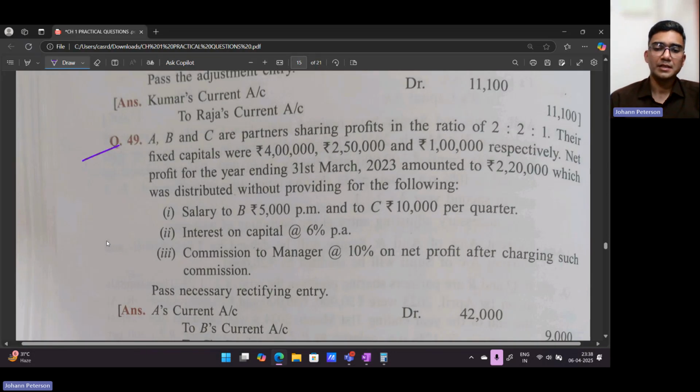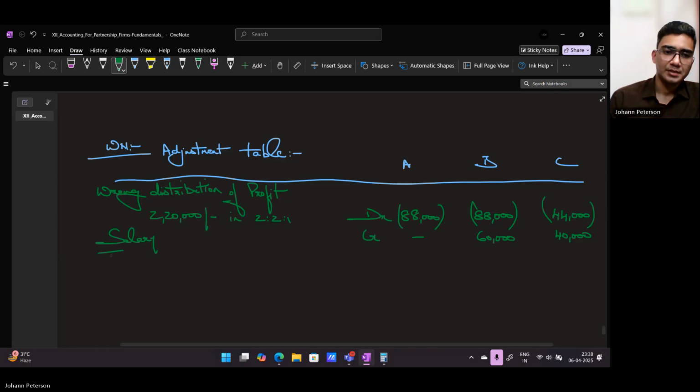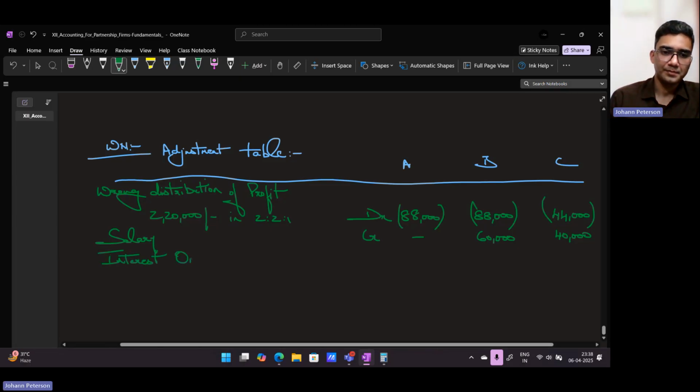Then interest on capital at 6% per annum. So interest on capital is taken on the fixed capitals, that is on 4 lakh. So 6% on 4 lakh, 24,000. So interest on capital, again credit.